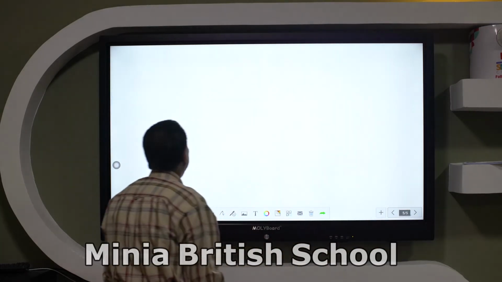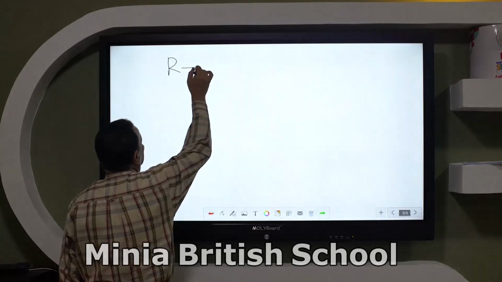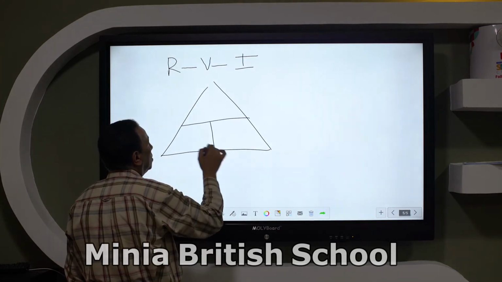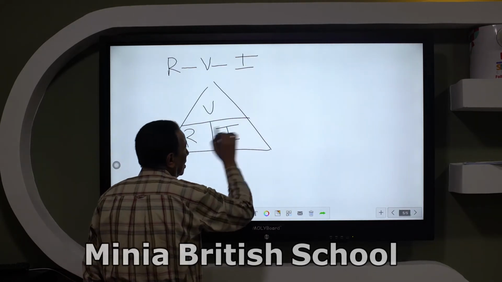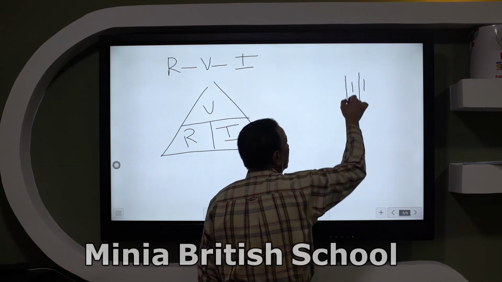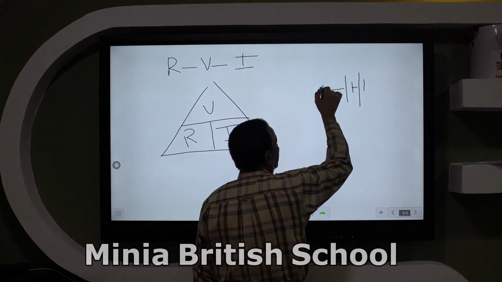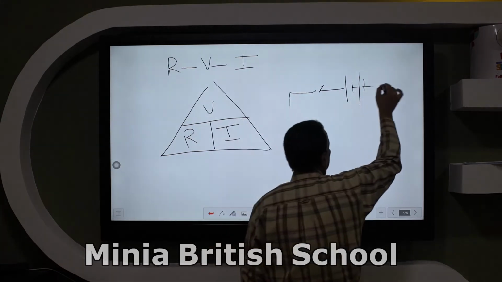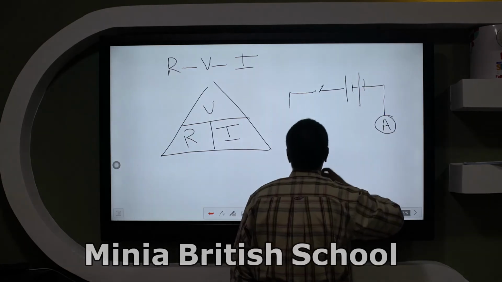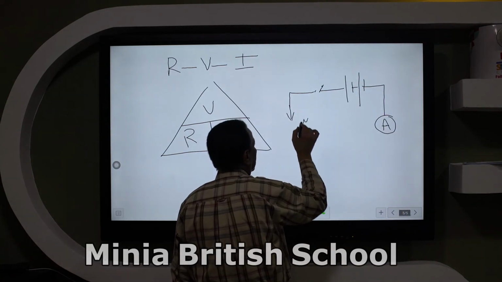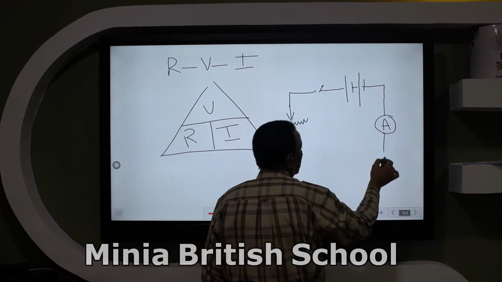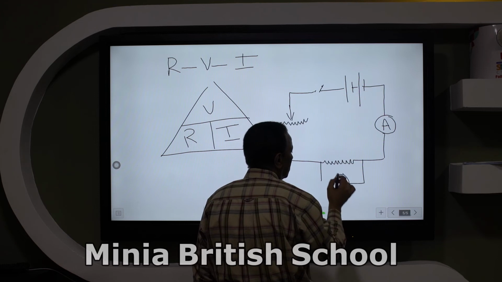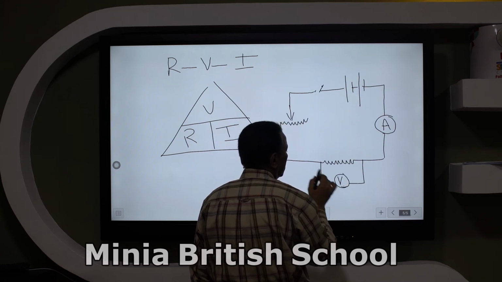If you collect the relation between the electric resistance, the potential difference and the current intensity, they will be collected together in what is called Ohm's law, R equals V over I. And this is the battery, and then the key, and here will be the ammeter to measure the current intensity, and then this is the rheostat, and then the fixed resistance, and with it we will connect the voltmeter to measure the potential difference.